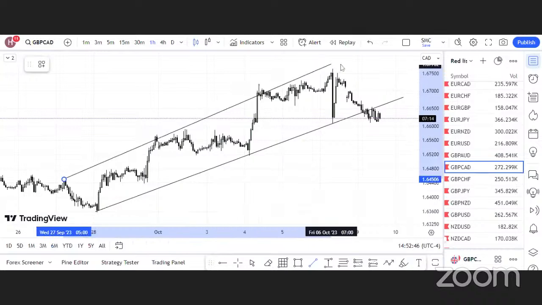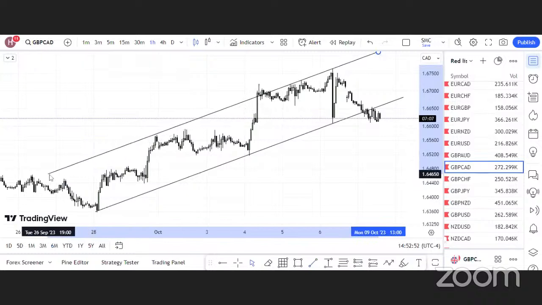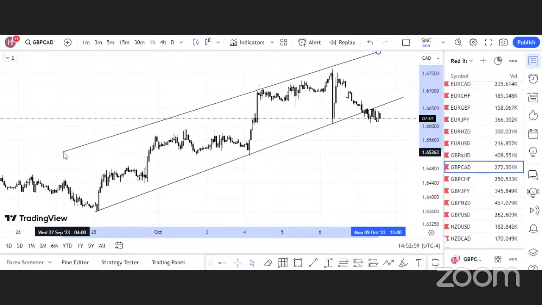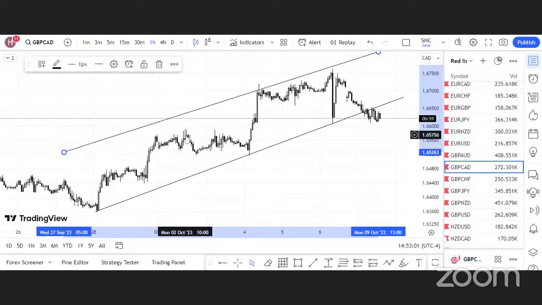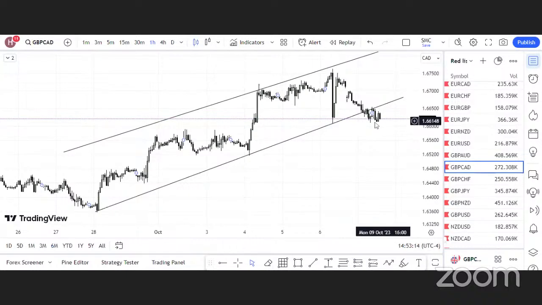This one is not so important. The most important one is this correct one, where the market is currently rejecting from. This is the correct one.